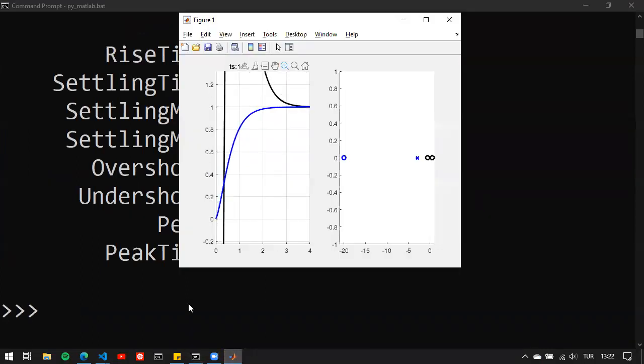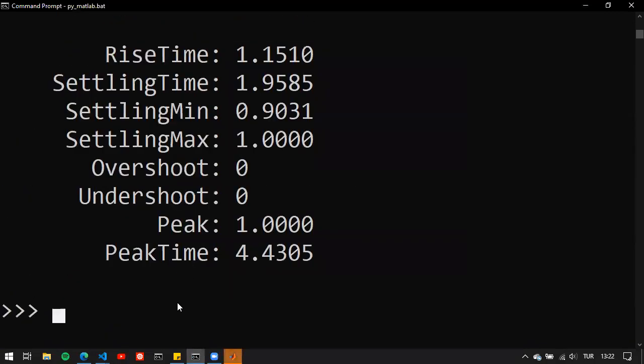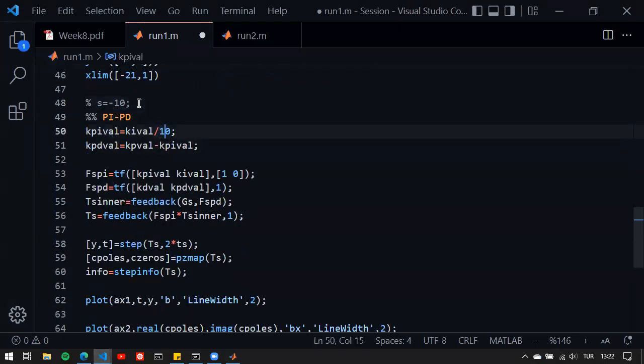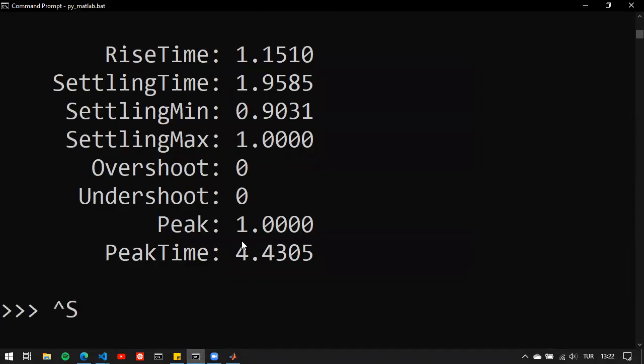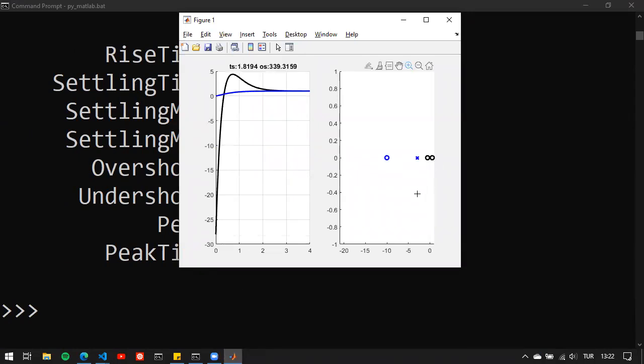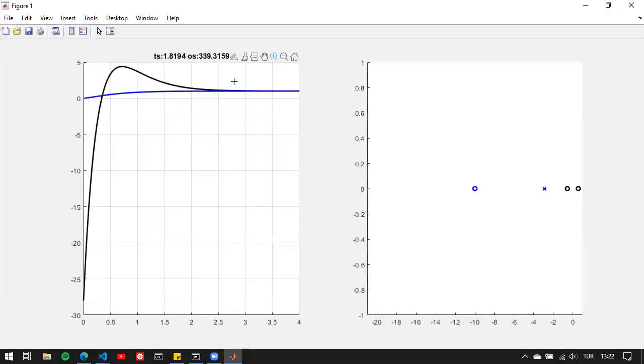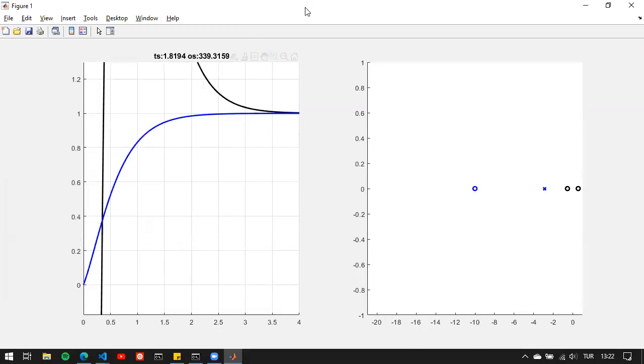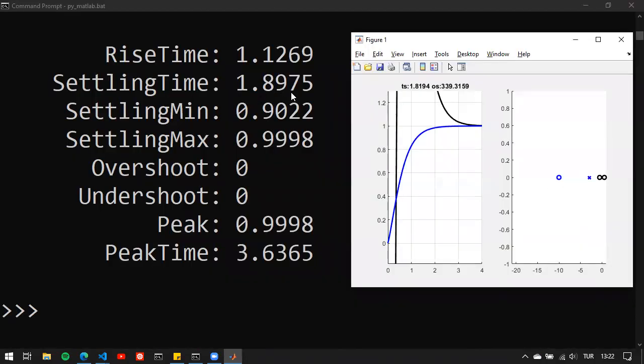Oh, it did not update by the way. There we go. Now you can see it is placed on -10. And again, we have a satisfying result here with 1.89 and basically 0 overshoot.